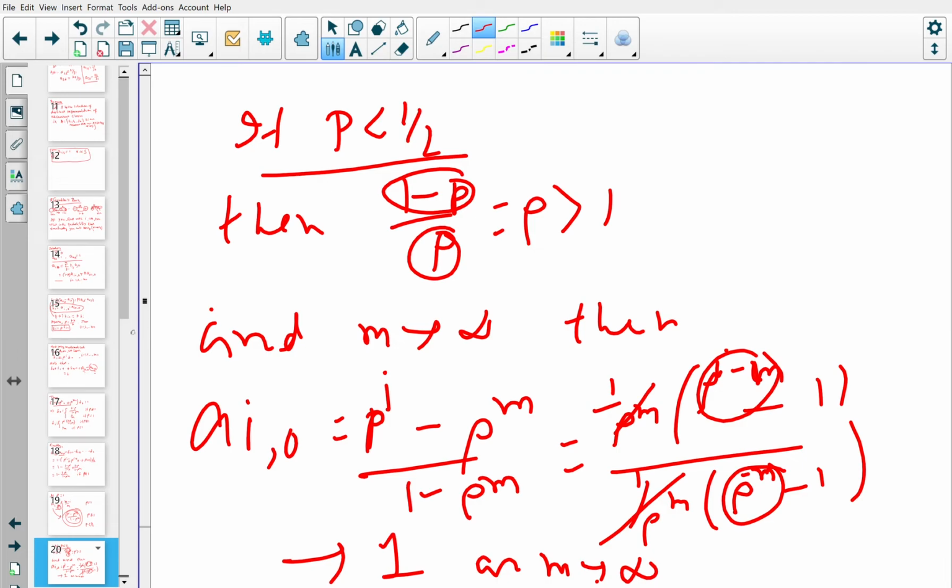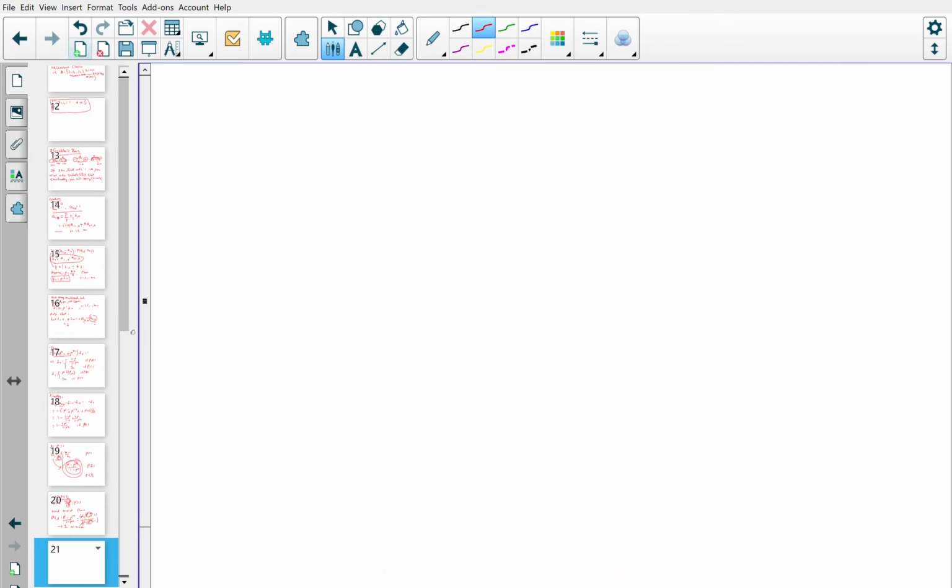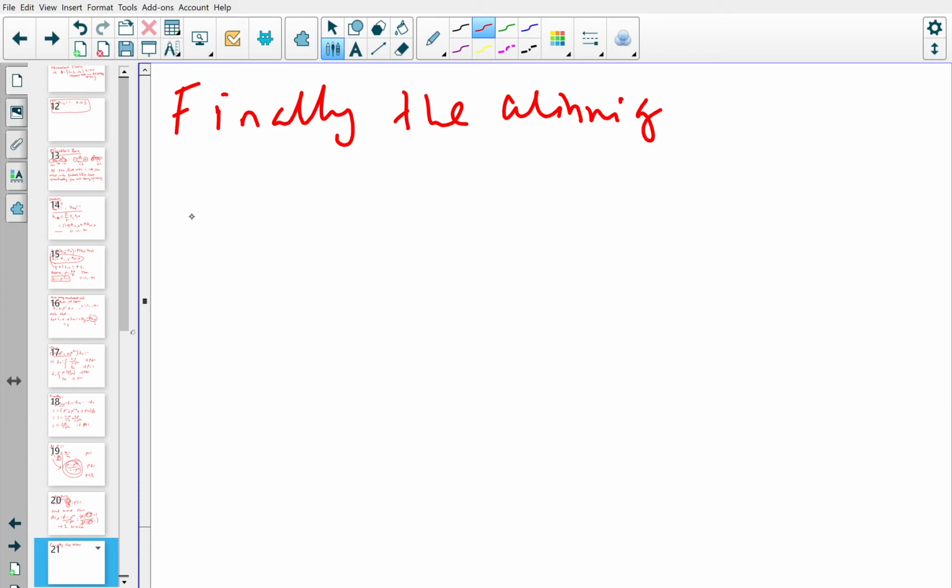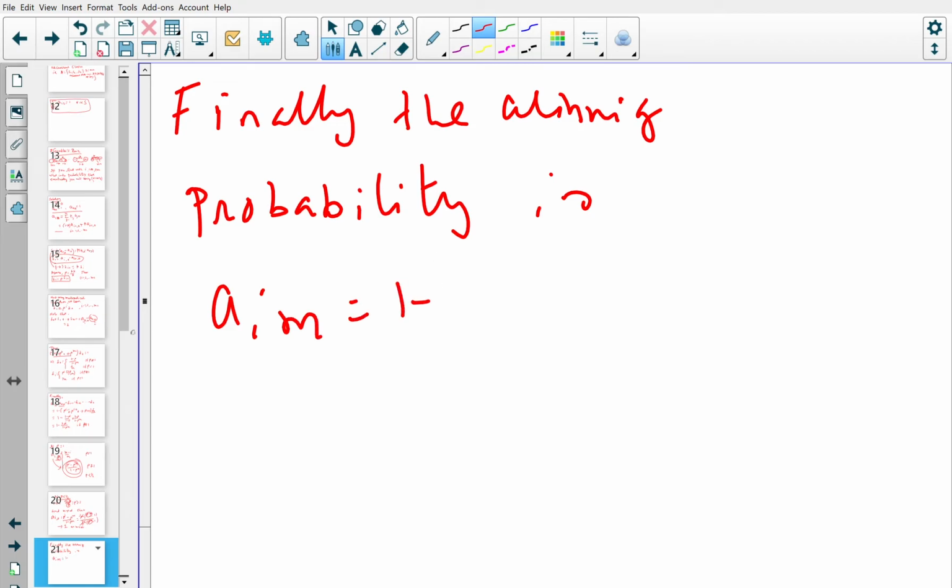Okay, and the next question: what is the winning probability? The winning probability is, you start with i and end with m, which is nothing but 1 minus the probability of starting with i and ending with 0, right?